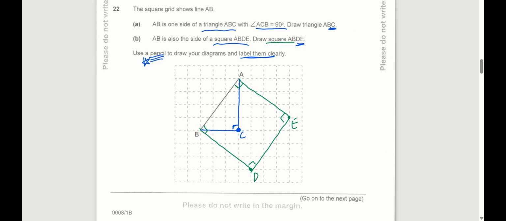Alright. So one secret trick I can share, but it may be a bit confusing, is to actually look at the line AB and see how many squares it cuts through.